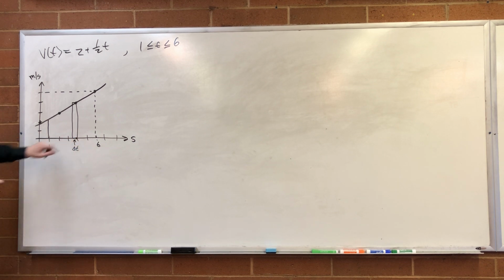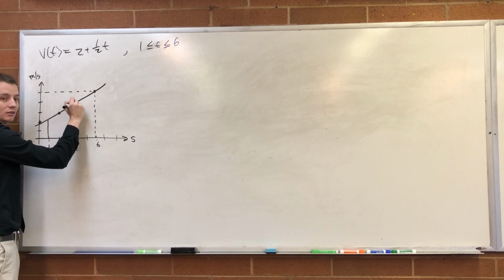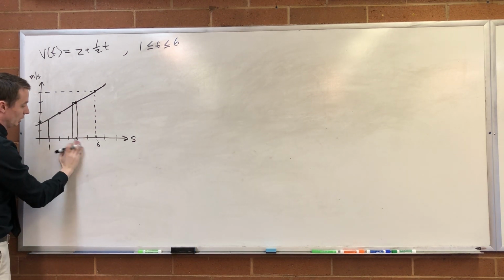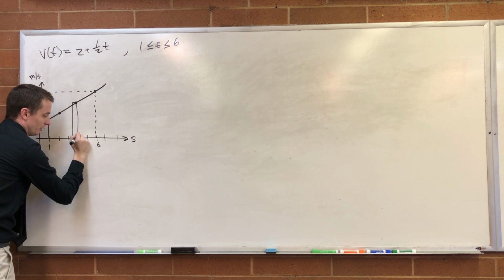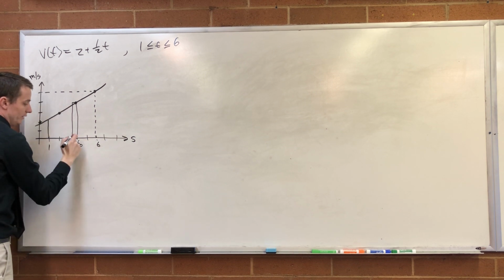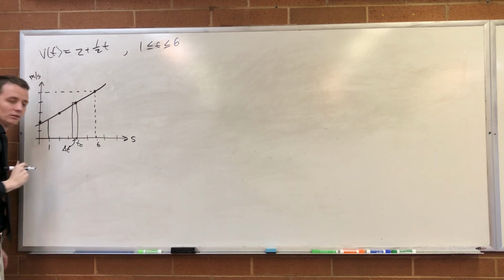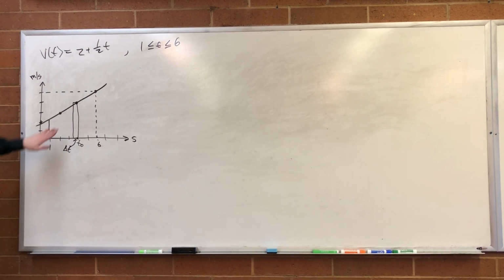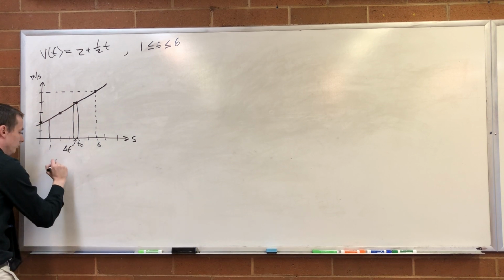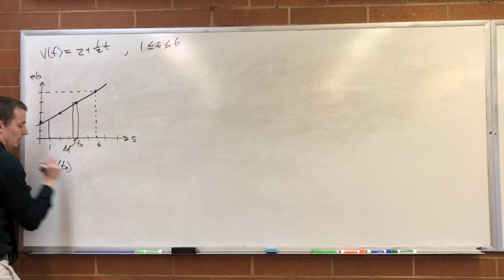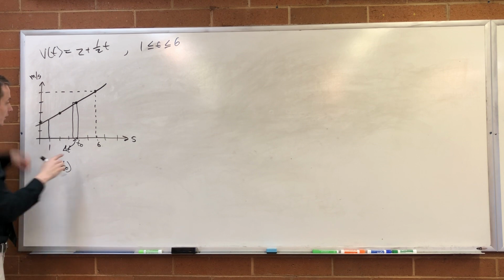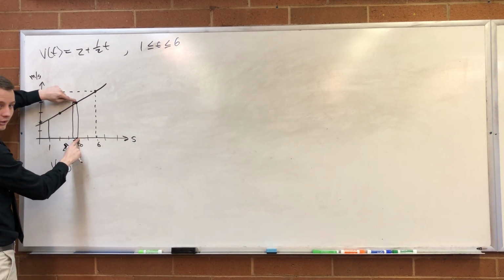And what is the height of this thing? Well, we need to put a point in here really quick. We'll call this point right here t naught. And then this distance right here we call delta t. So then the velocity at that point is v of t naught. That's the height of this thing, right?